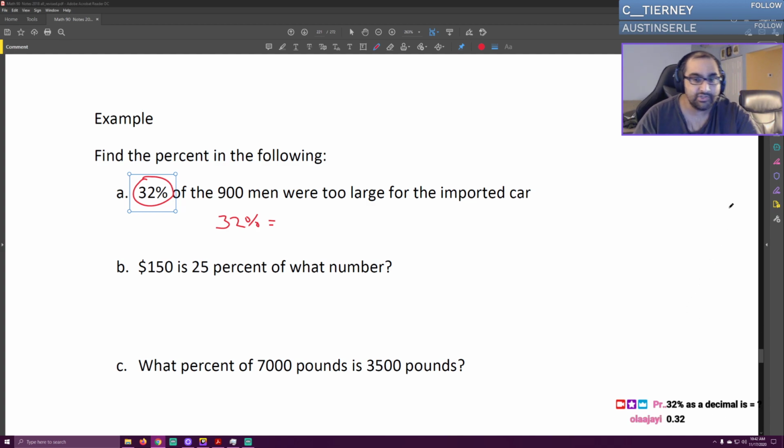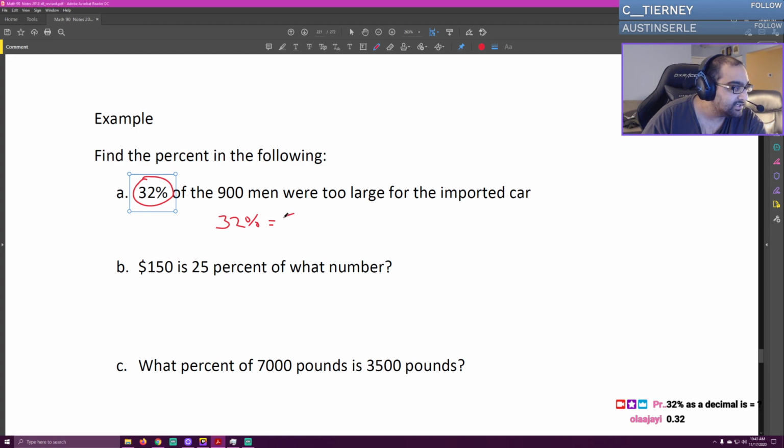Okay, 0.32. That's correct. If you're not sure how we got 0.32, that's okay. We get 32 over 100, and then you can figure out the decimal equivalent, which is 0.32.